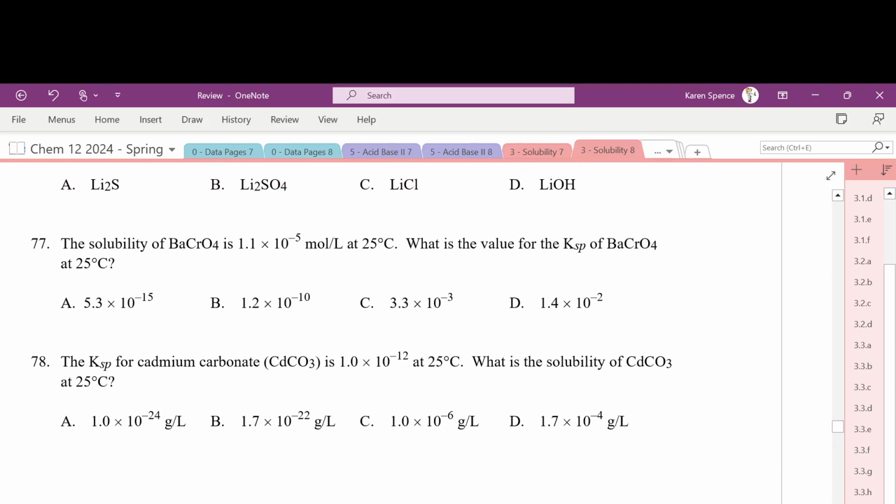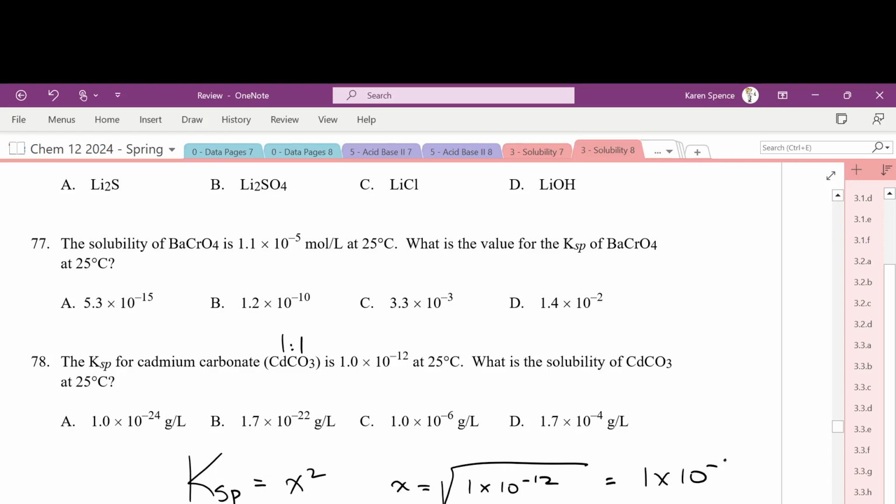Okay. KSP is equal to x squared, because it's a one-to-one compound. And so x is equal to the square root of 1 times 10 to the negative 12, which is 1 times 10 to the negative 6.